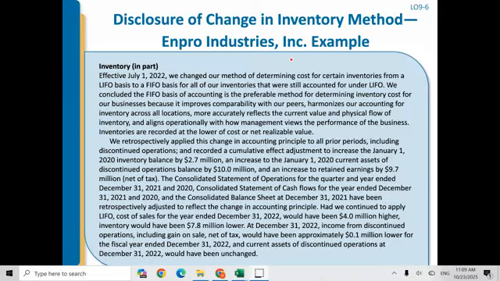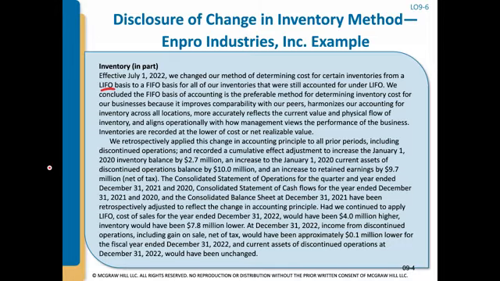So here's an example of a company that changed from the LIFO basis to the FIFO basis. And this is the note that they included in their 10K. And so they said, you know, we made this change, and they tell you the reason why they made the change, which is required. They said the FIFO basis is a preferable method because it improves comparability with our peers.